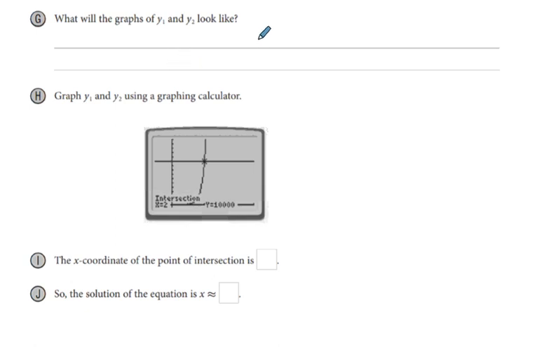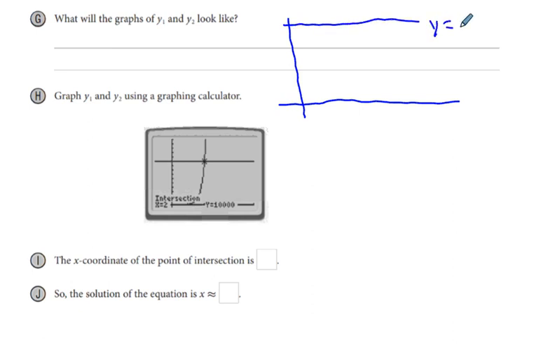It's going to be a similar sort of thing. 10 to the 4th, is it going to be 10,000? So y equals 10 to the 4th, and then 10 to the 2x is going to go like this.